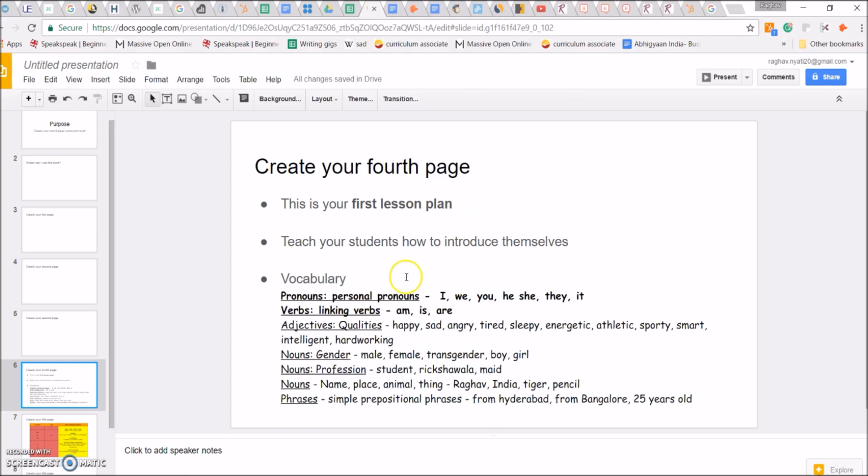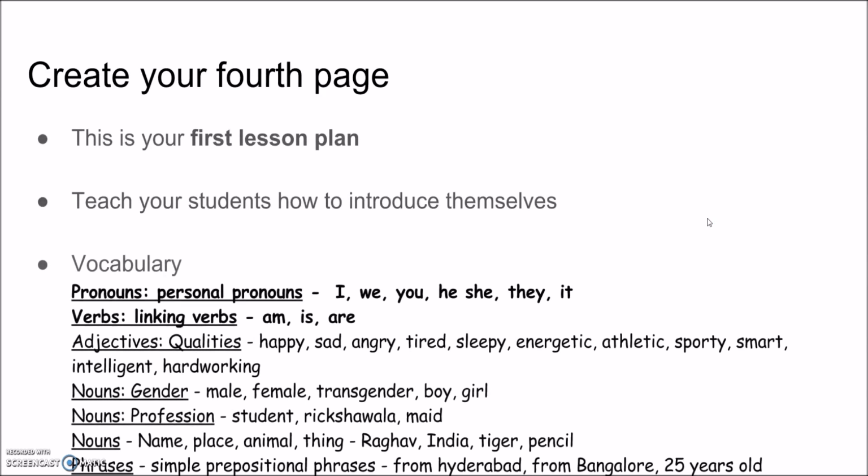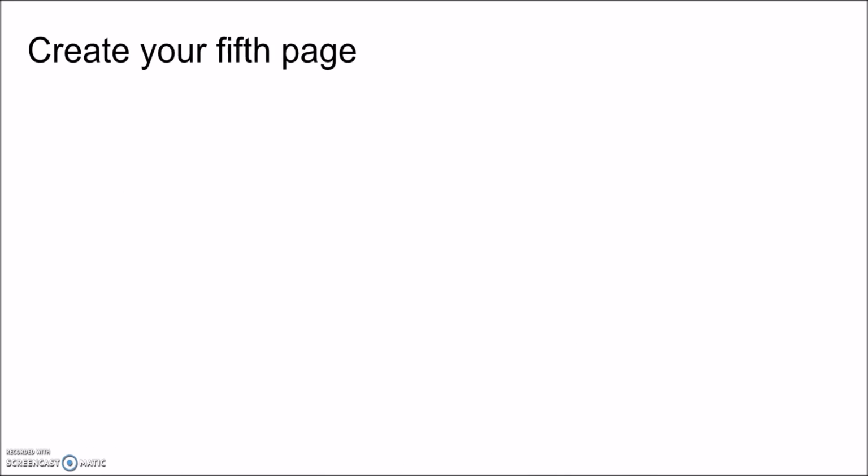Let's get back to the slides. So from the 4th page, we have a list of words with us, which we are going to use to create sentences. And now from this list of words, we are going to create sentences. How? That's what you're going to do in your 5th page. You're going to create full legible English sentences that help the student describe himself.